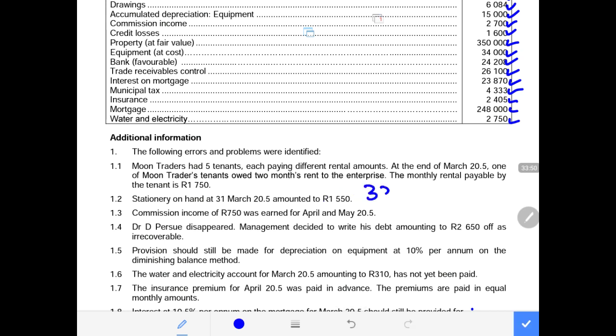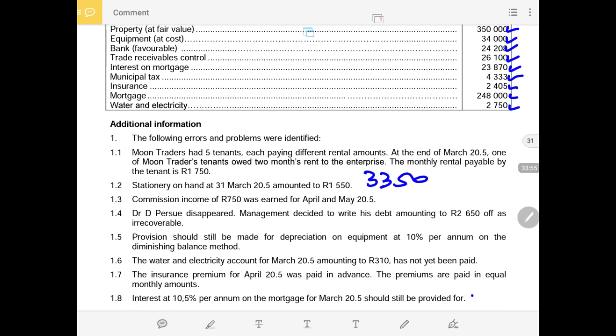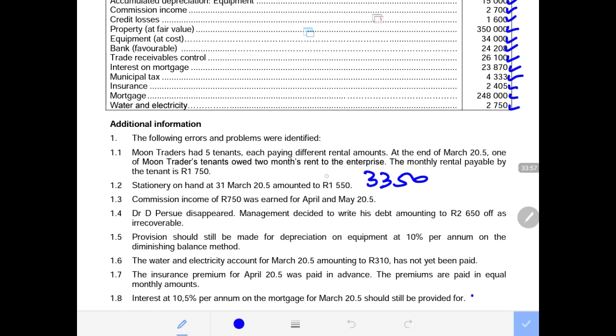We bought 3,350 value or cost of stationery during the year, but at the end of the year, we only have stationery that is 1,550. What happened to the rest? Obviously, the rest was used.